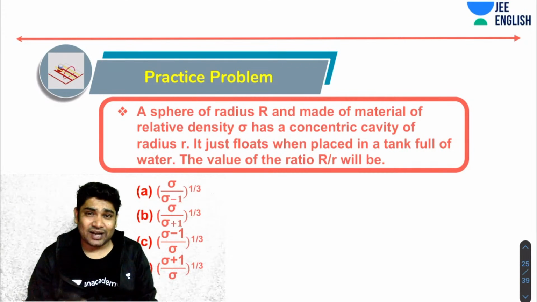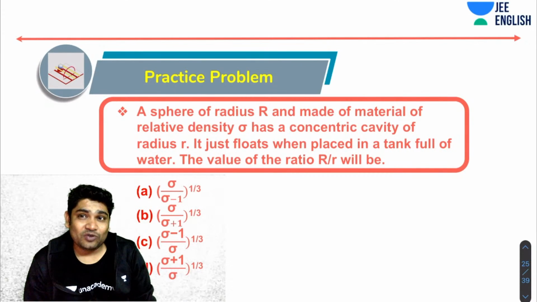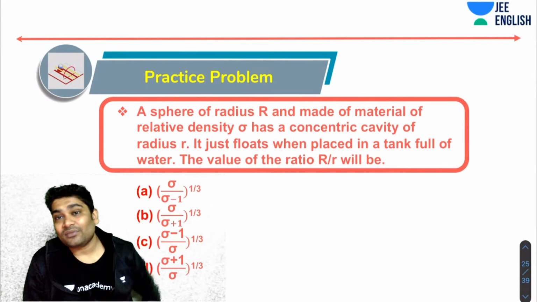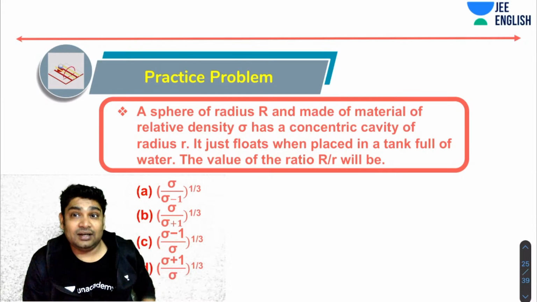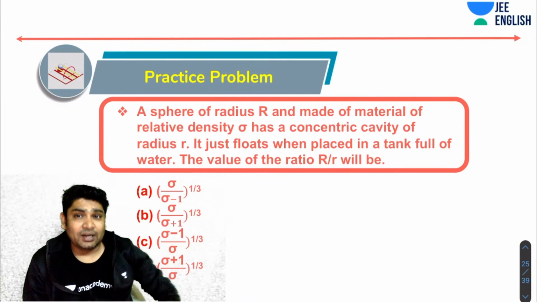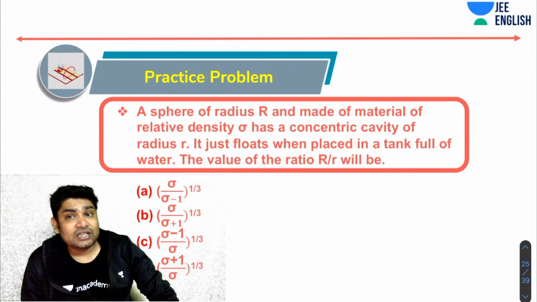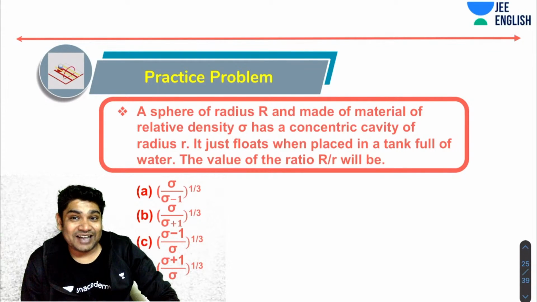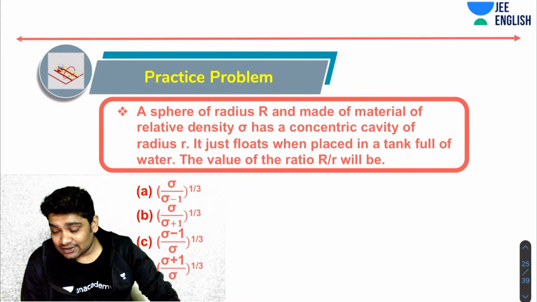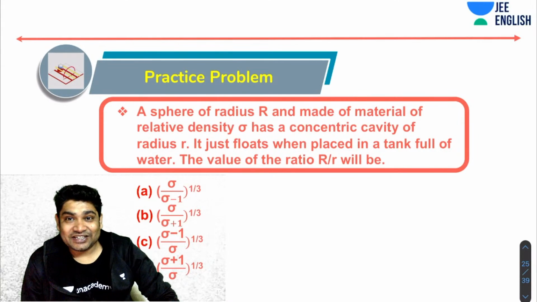If you know how to analyze these standard questions, then you will be able to solve a lot of questions related to this topic. You've been told that the material has a relative density of sigma and has a concentric cavity of radius r. If it just floats when placed in a tank full of water, then what will be the ratio of r over R? Try and answer this.